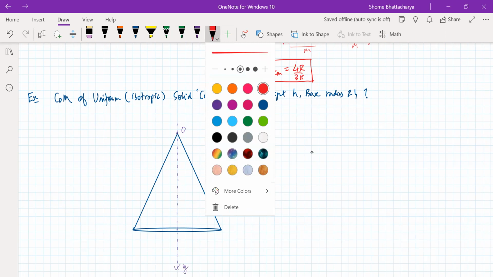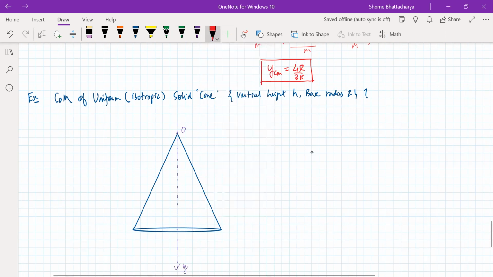So now, at a distance y from the apex, I will slice a thin disc like this.